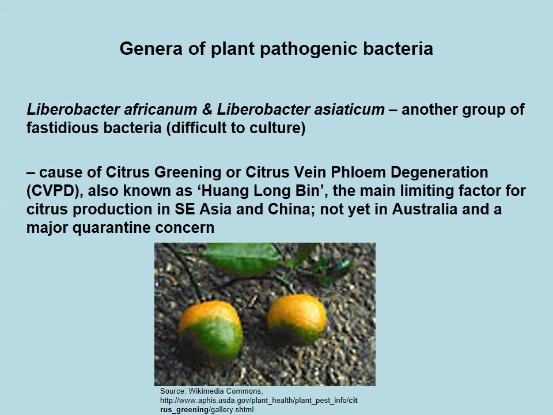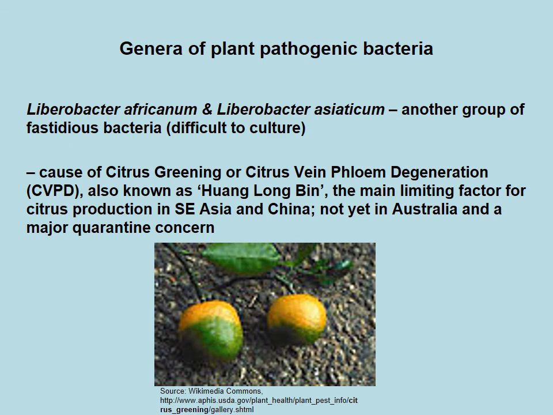Our next genus is Liberobacter. And the two examples here, Liberobacter africanum and Liberobacter asiaticum, represent another group of fastidious bacteria. They cause citrus greening, otherwise known as citrus vein phloem degeneration, CVPD, and it's also known as Huang Long Bin.